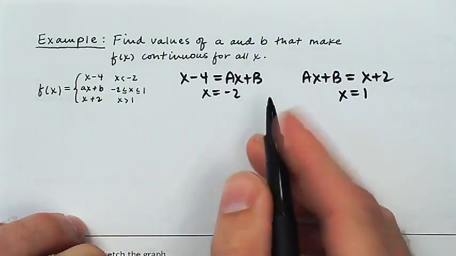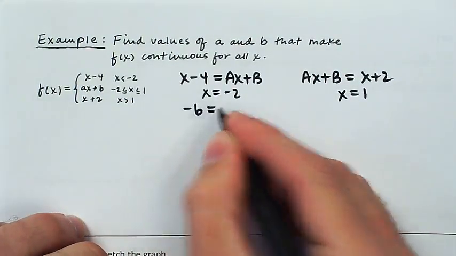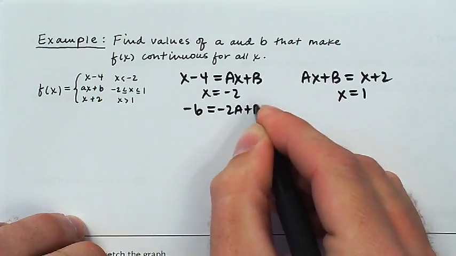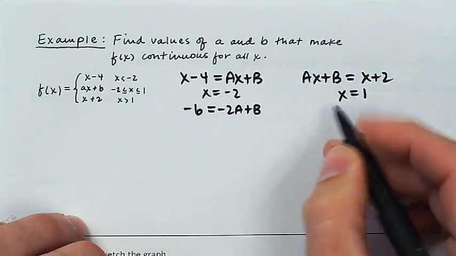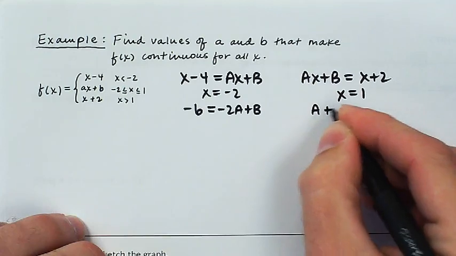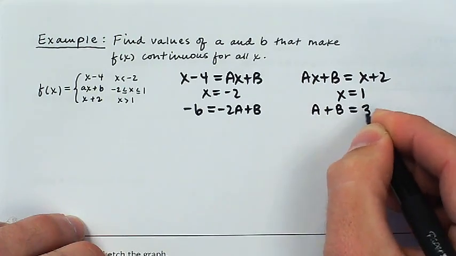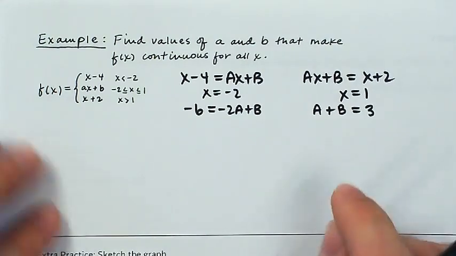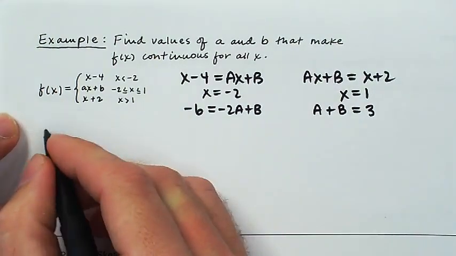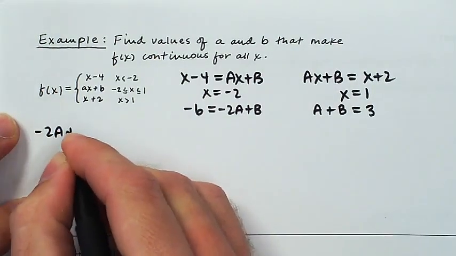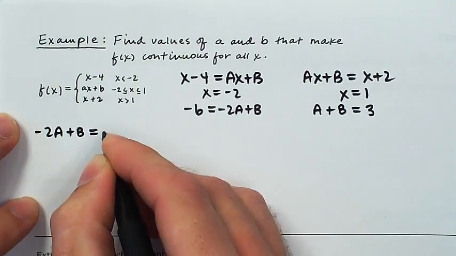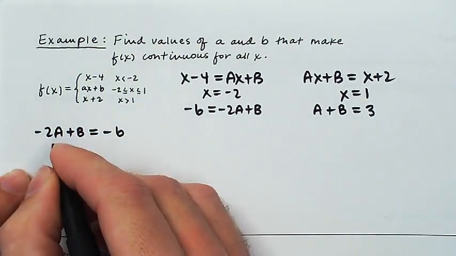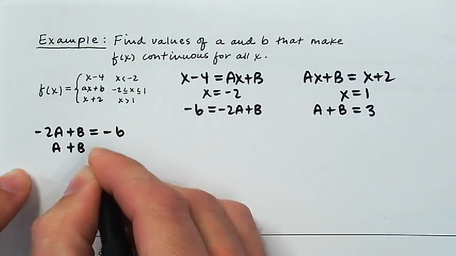Okay. So I'm going to plug in x equals -2, and I'll get -6 equals -2a plus b. And then I'll plug in x equals 1 over here, and I'll get a times 1 plus b equals 1 plus 2. And these are my 2 linear equations that I'm going to solve using substitution or elimination. So I've got -2a plus b equals -6, and a plus b equals 3.